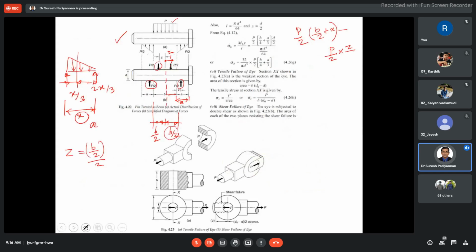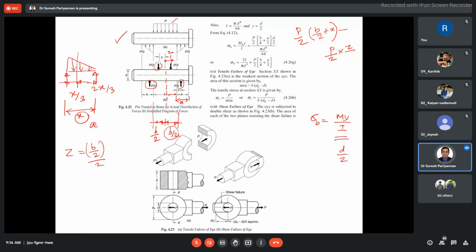Now come to our bending stress. Bending stress is nothing but sigma B is equal to My by I. Here our pin has a circular cross section, so I is equal to pi d power 4 divided by 64, and Y is equal to D by 2.